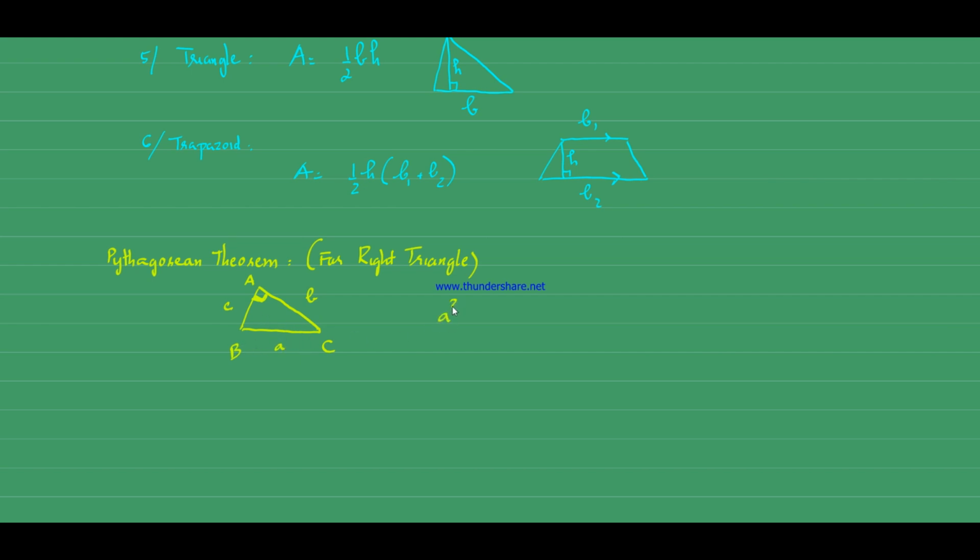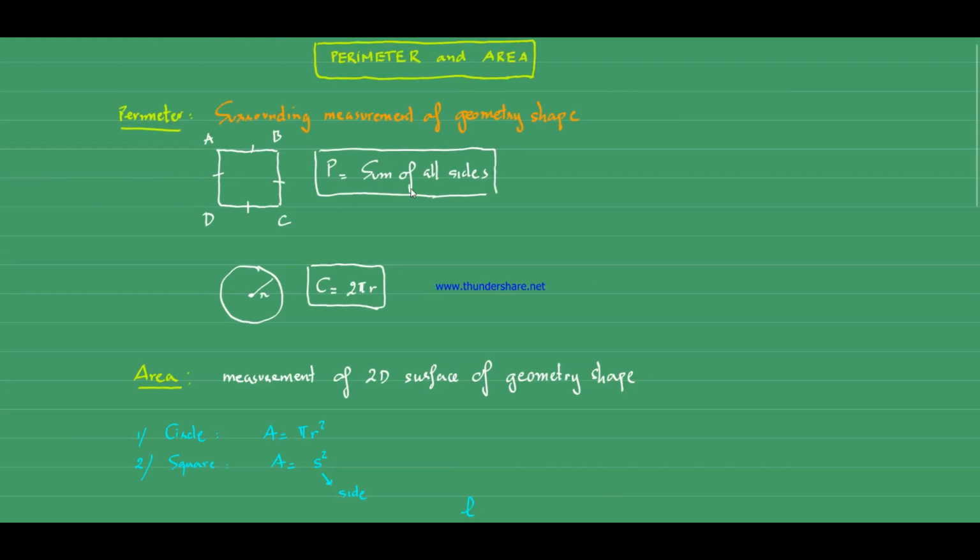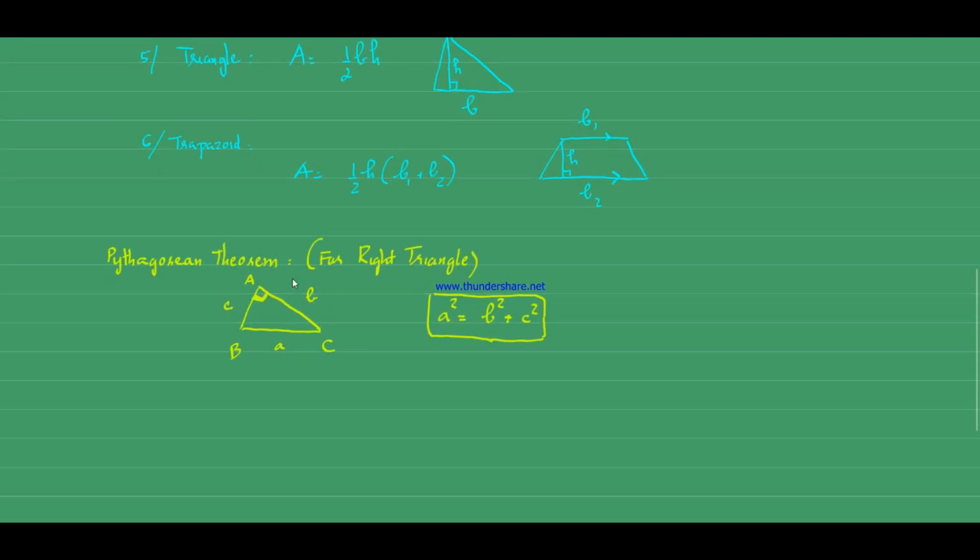So the hypotenuse squared will be equal to the longer leg squared plus the shorter leg squared. This relation helps you calculate the measure of a side, because sometimes they give us a geometric shape and we want to find the perimeter. We need to find the sides, and maybe the Pythagorean theorem helps you to find the measure of the side.